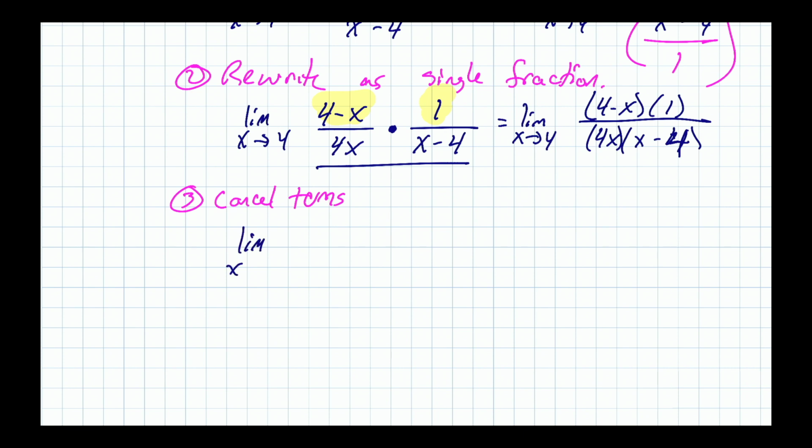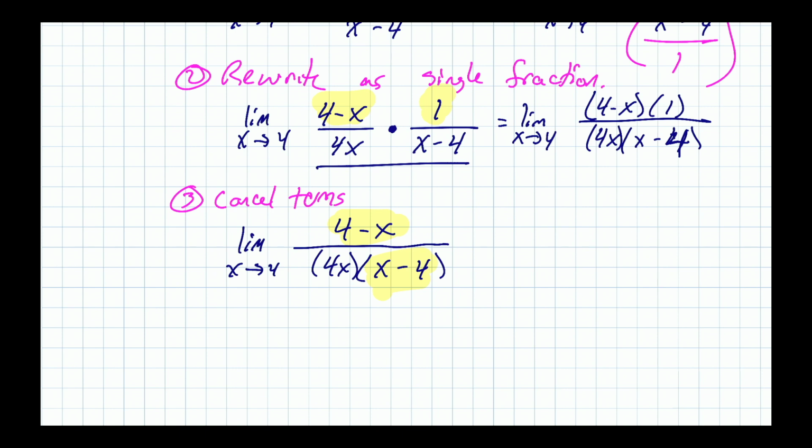We have a limit as x goes to 4 of 4 minus x over 4x times x minus 4. Okay, so what you should notice about this is that this term, 4 minus x, and this term, x minus 4, are almost the same, right? What's different about them is that they're in a different order, okay? And so what you have to do is just keep this in mind.